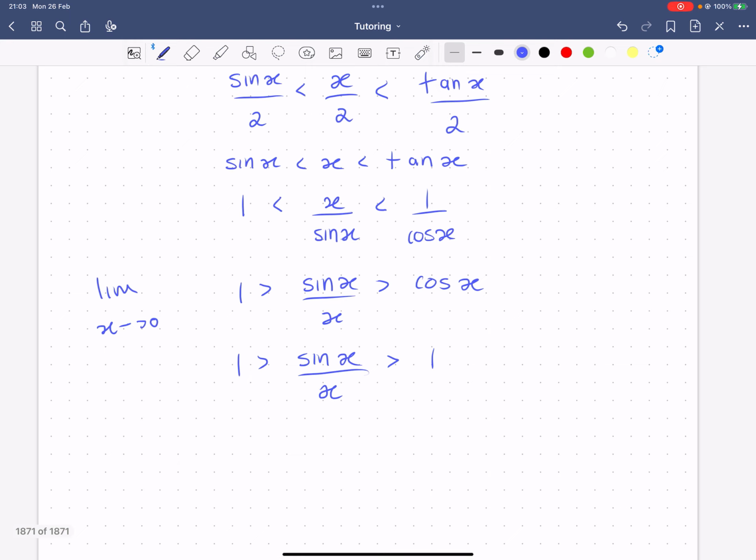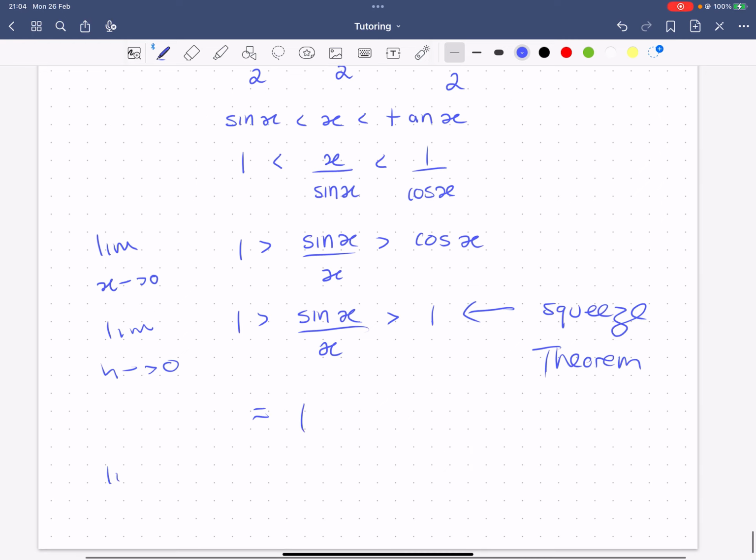So, this is what we call the squeeze theorem. And it's telling us that the limit as x approaches 0 of sine of x on x is squeezed between 1 and 1. But if something is squeezed between 1 and 1, then it's just equal to 1.